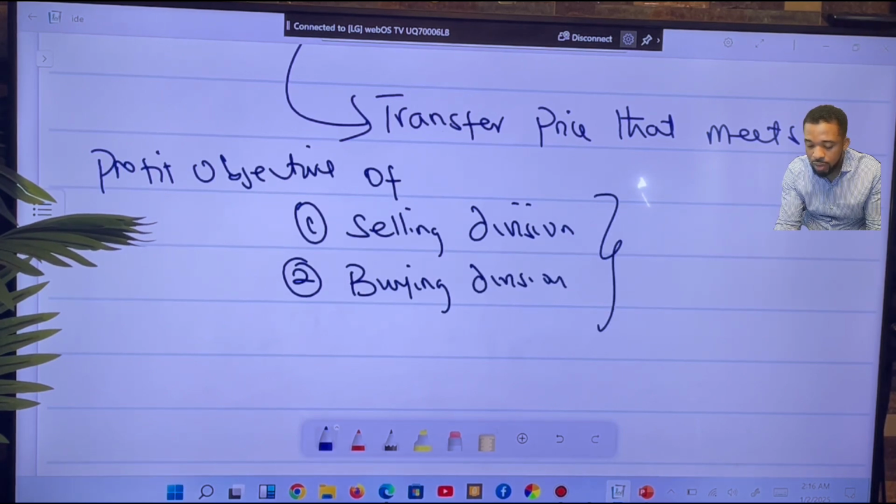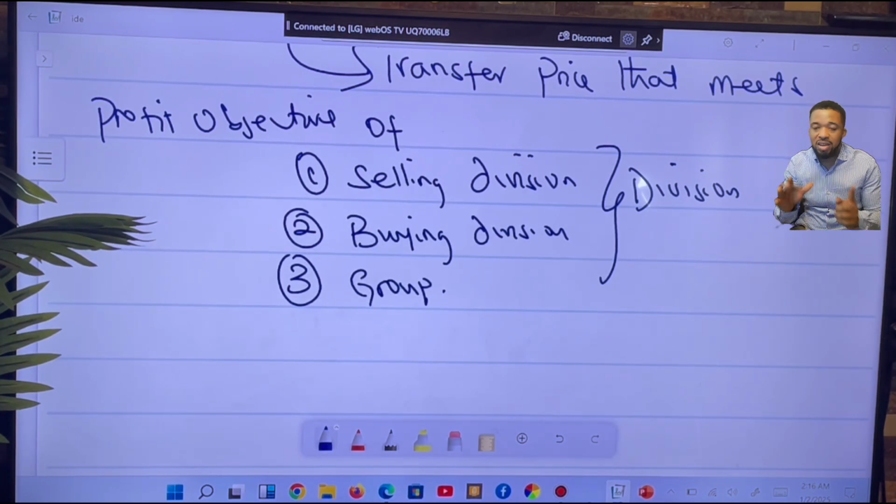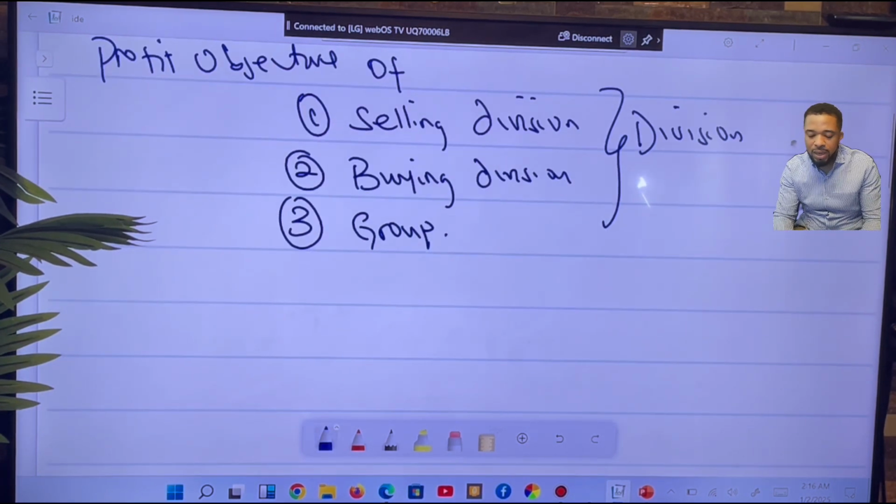If you like, you can put this together and say the profit objective of the divisions. And thirdly, the group. The profit of the group must not reduce as a result of the decisions being made by the divisions.